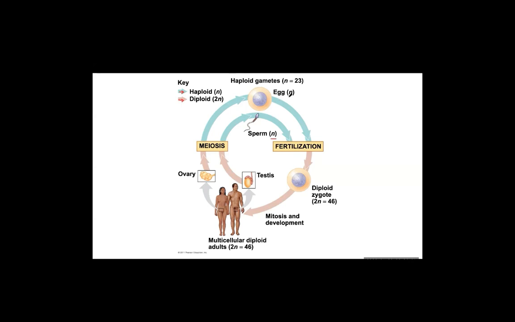These egg and sperm fuse together. We call that fertilization, and the cell, once sperm and egg fuse together, we call zygote. Since they fuse, one haploid plus another haploid become diploid.